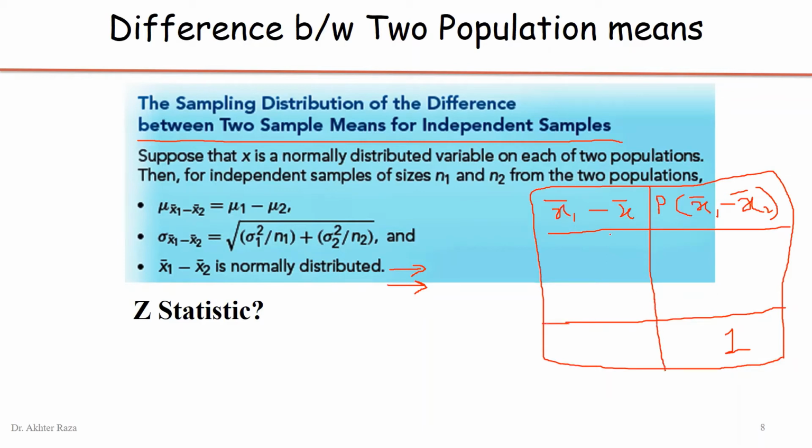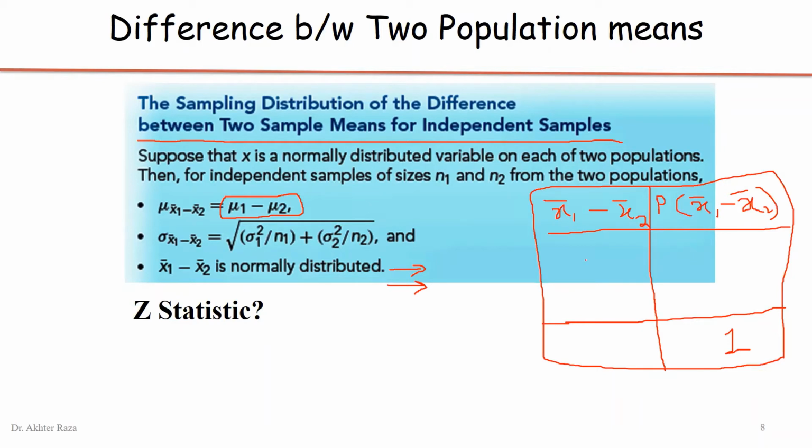Three important characteristics of this distribution we are observing here. The mean of this distribution is equal to the difference of the two population means. The mean of this sampling distribution of the difference of two means is equal to the difference of the two population means.